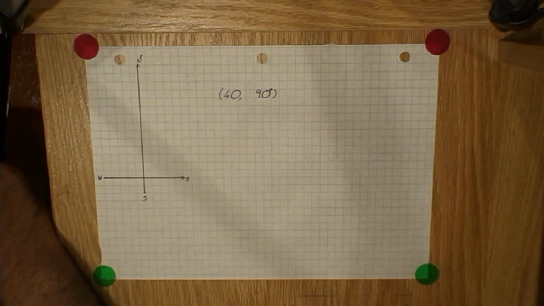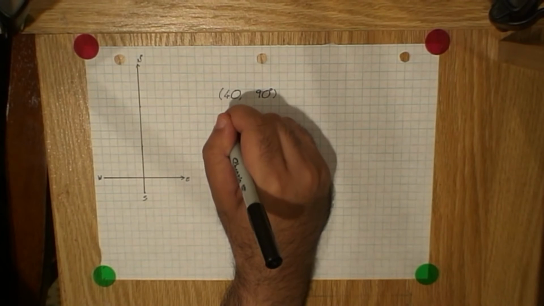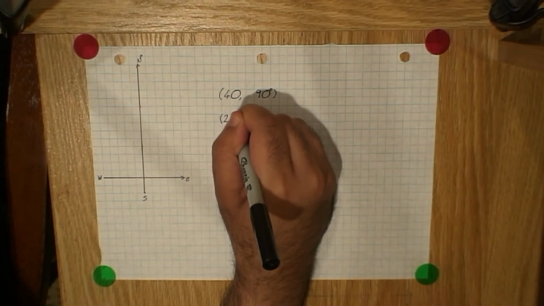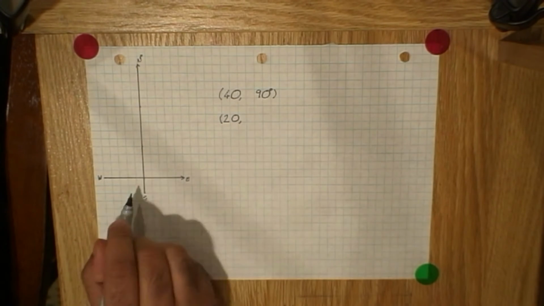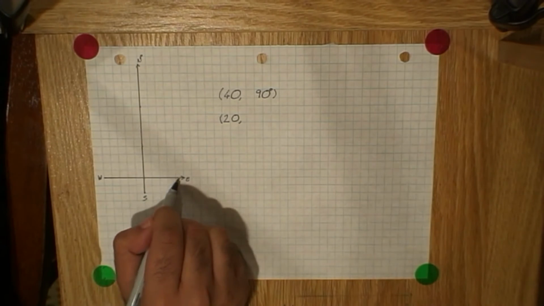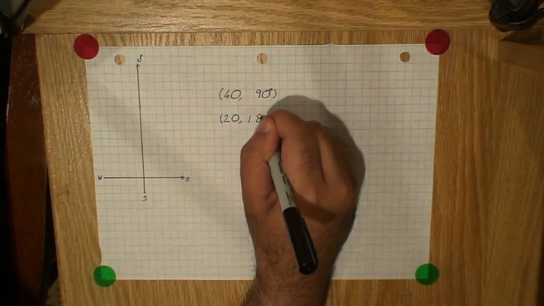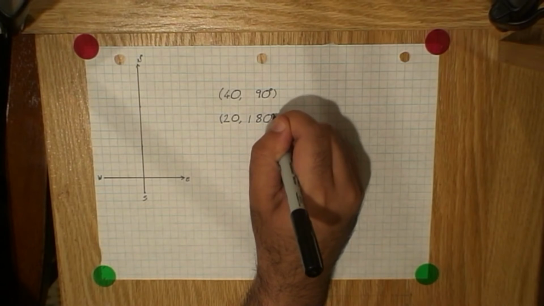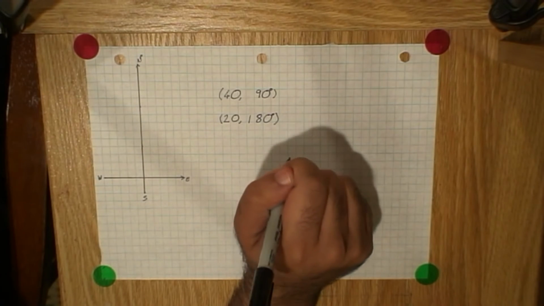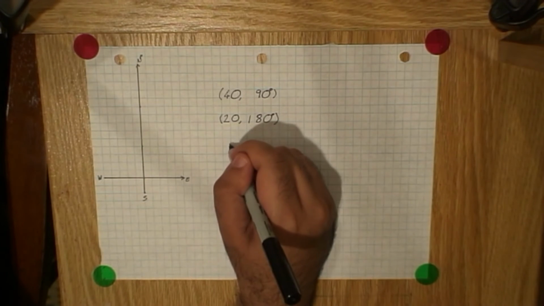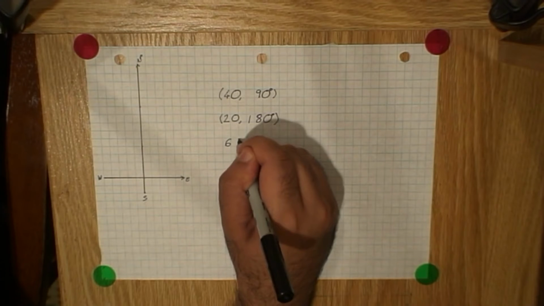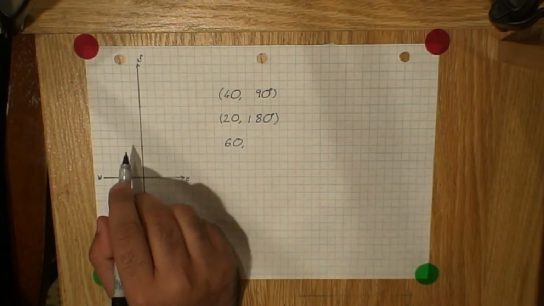The second leg of the journey was 20 west. And if east is 0 degrees, west of course would be 180 degrees. The third leg is 60 degrees northeast.